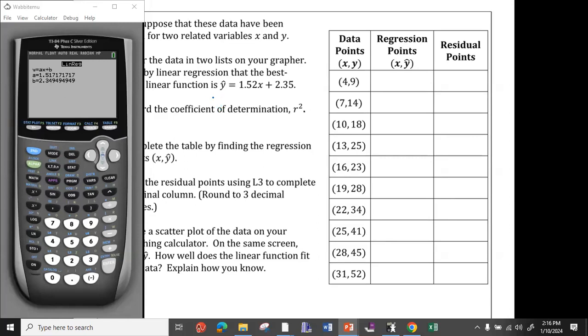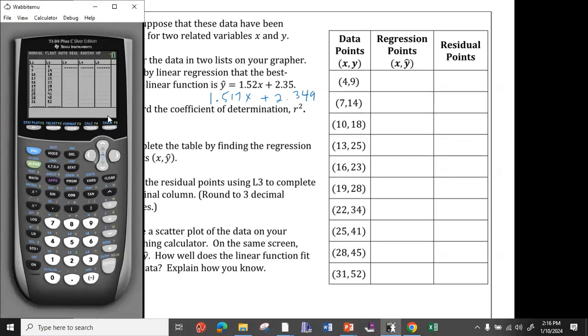All right, but I'm going to write it out. So I'm going to have 1.517 because I want to be a little more accurate than them, plus 2.349. So to get the values that I need, I'm going to go back to stat, go back to my edit, and this time I'm going over to L3.